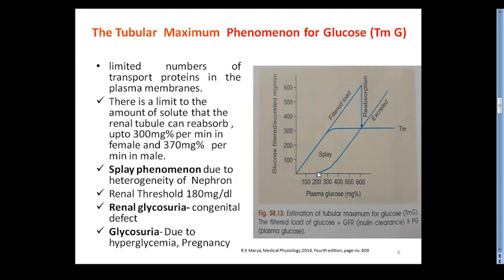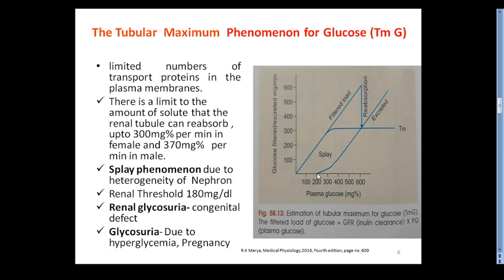But when it comes up to 180, a little quantity of glucose comes into the urine as the transporter proteins get saturated. Not all, but almost all the transporter proteins get saturated.